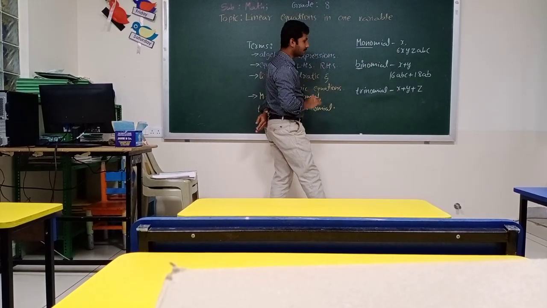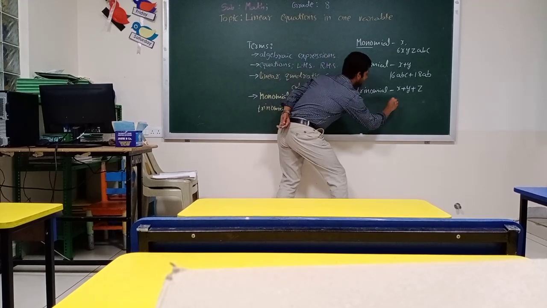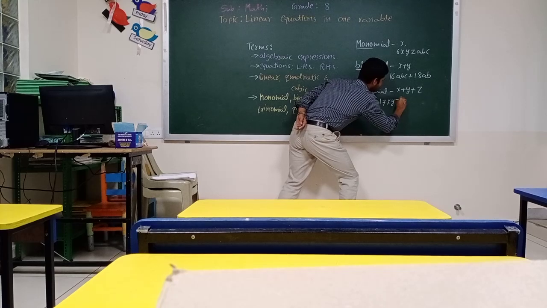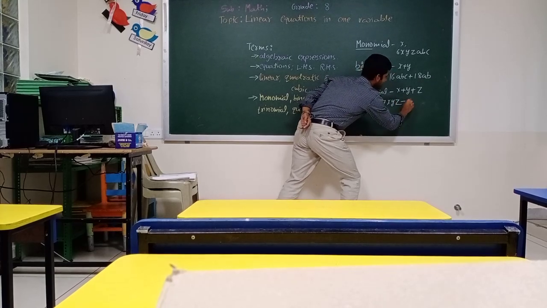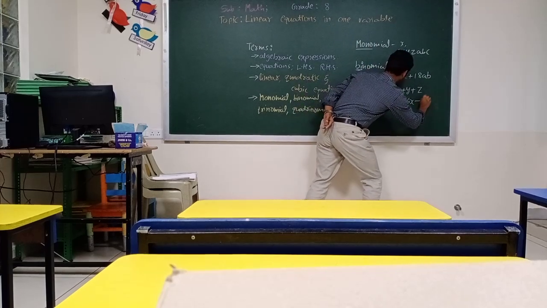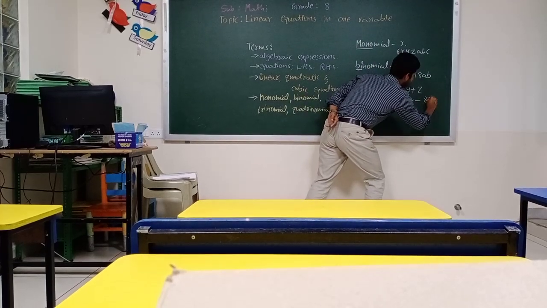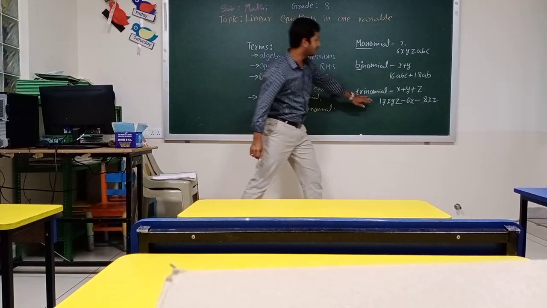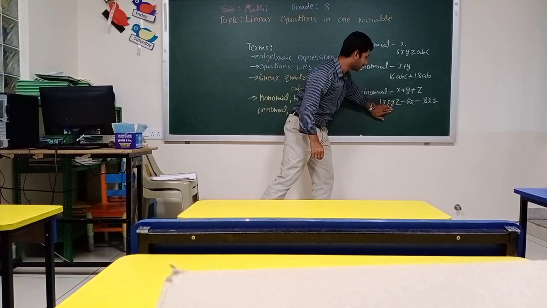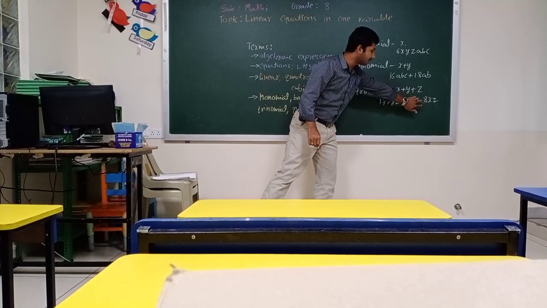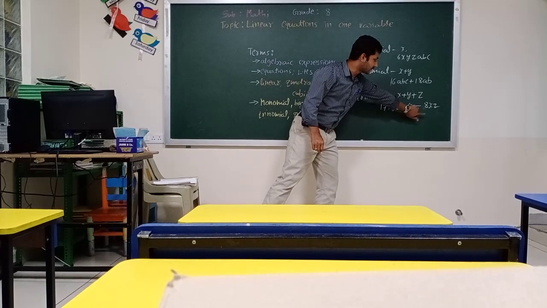I'll give you one more example: 17xyz minus 6x minus 8xz. Here we have three terms. First term is 17xyz, second term is minus 6x, and the third term is minus 8xz.